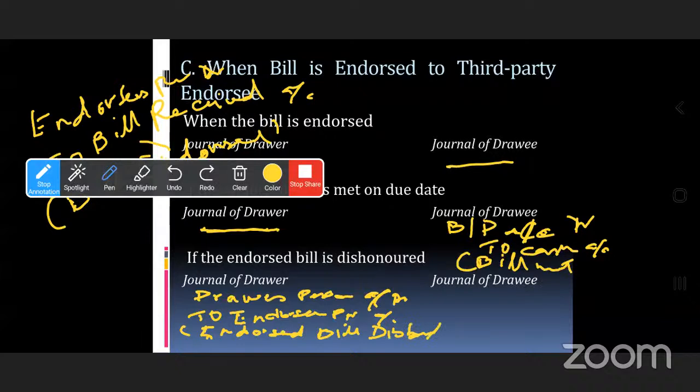In the books of the drawee, we will be writing bills payable account debtor to drawee's personal account, that is, bill dishonored. Okay. Understood?